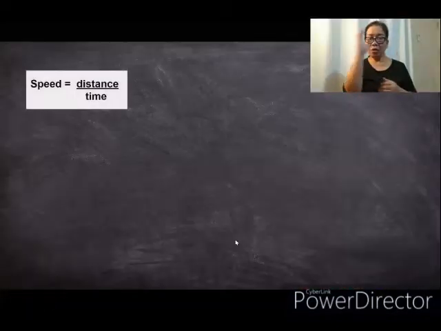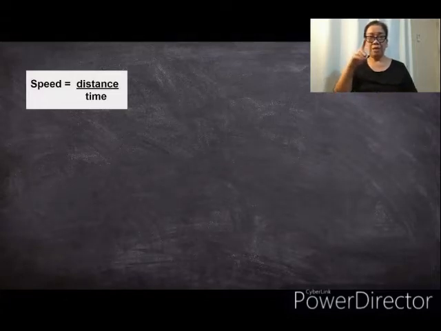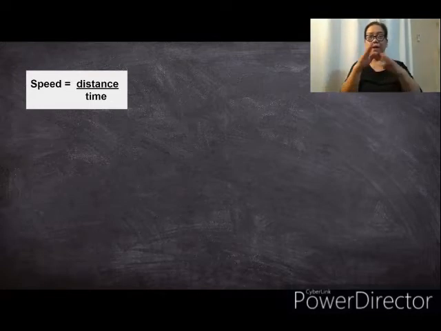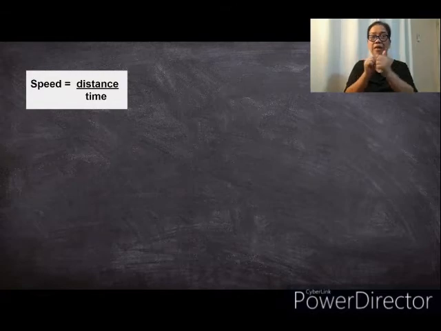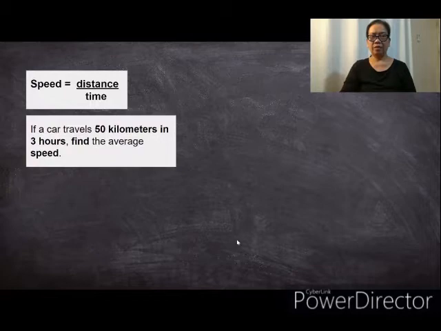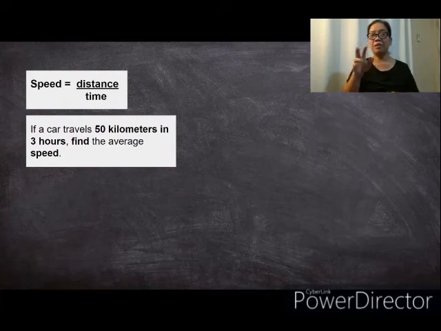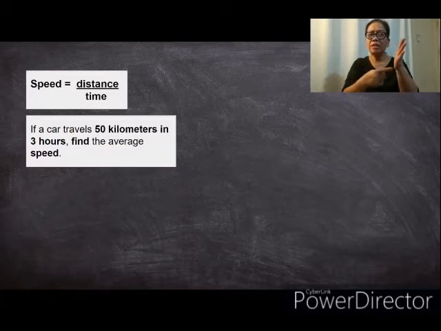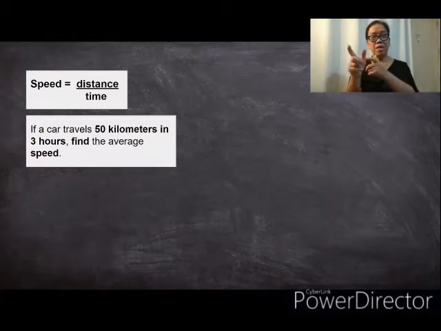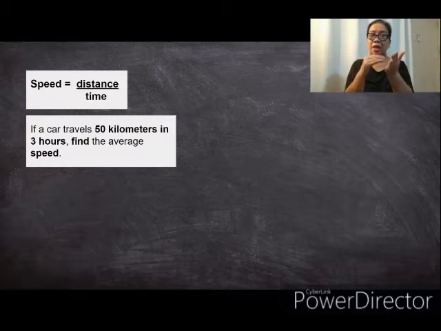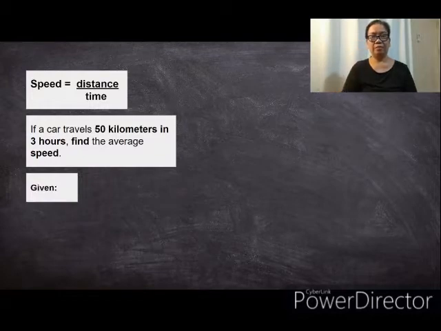Okay, now we are going to find the speed. In finding the speed, you have to divide distance and time. One example here is, if a car travels 50 kilometers in 3 hours, what is the average speed? Now, again, you have to look for what is given.